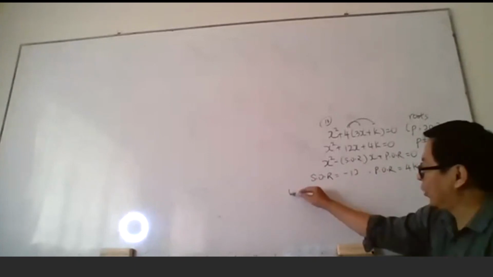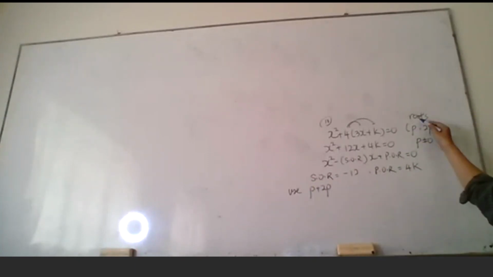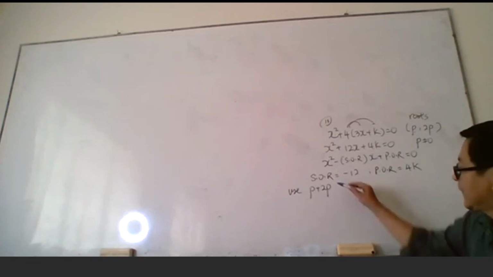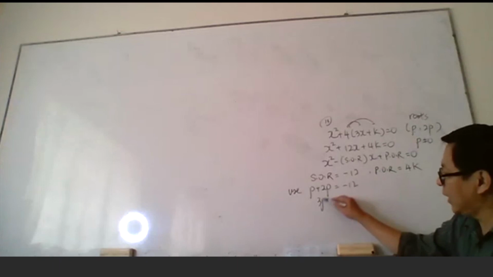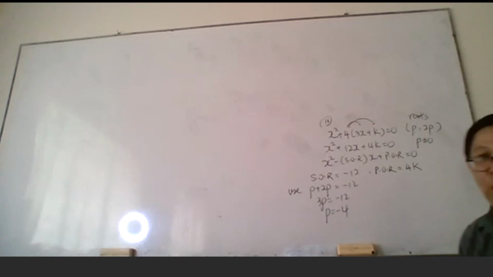So I'm going to use sum of the root is p plus 2p. This question says the roots are p and 2p, so 3p is negative 12 and p is negative 4.